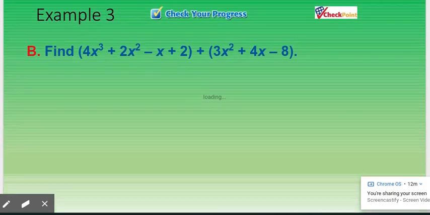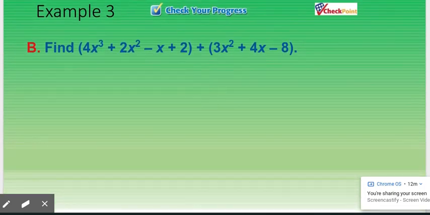So again, I want you to pause the video, and I want you to complete this problem. All right, again, these are positive ones, so we're good. And we're going to start organizing. Now I have 4x to the third. Now the weird thing is that's the only x to the third. Okay? So that's done. My x squareds, I have 2x squared and 3x squared.